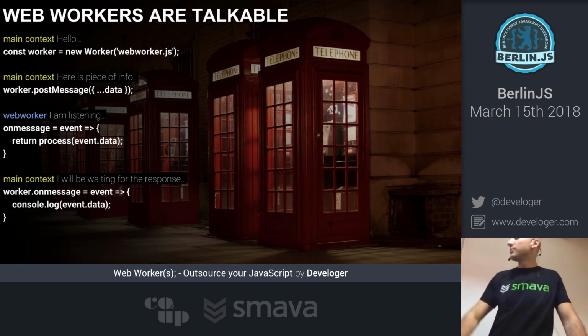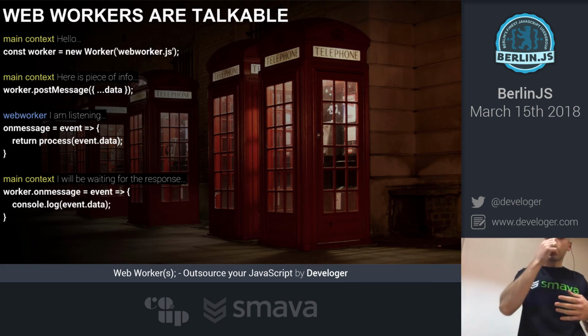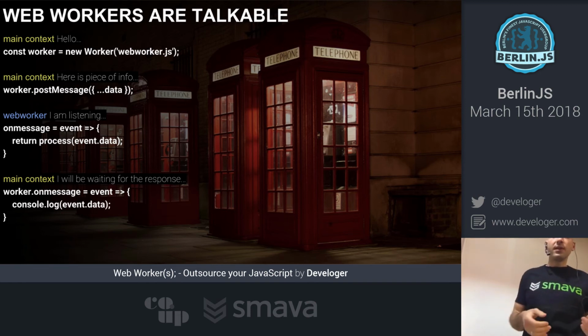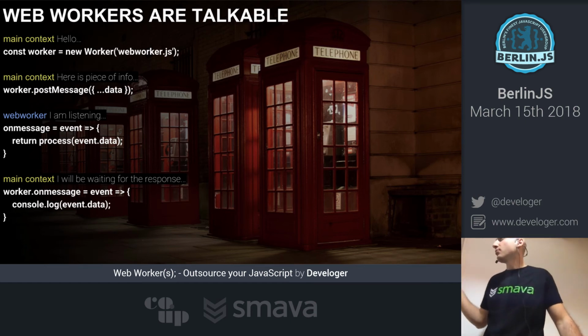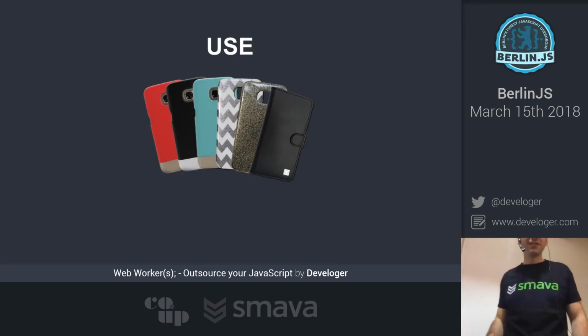Then the blue part, where it says web worker, is written within the worker itself, in the webworker.js file. You just wait for a message, and then you do whatever you like with it. In this case, you just return some method which processes the data, and then on the main context, you have a listener that waits for that returned message and does something with it, and that's it. Very simple.